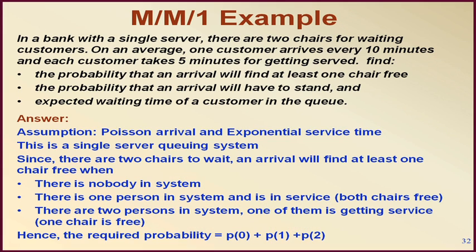So, let us look here. At any point of time, if the system has nobody, that means free, you simply go and get the service, right. So, this is P0. What is the probability that there is only one person in the system? That means there is a person getting service, right. So, this is P1, both the chairs are free.